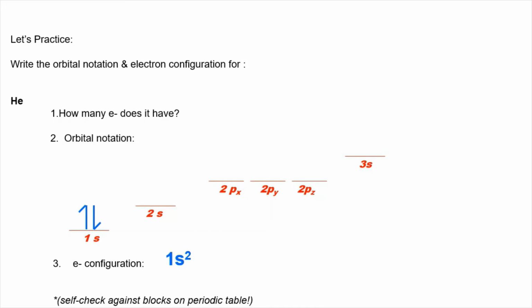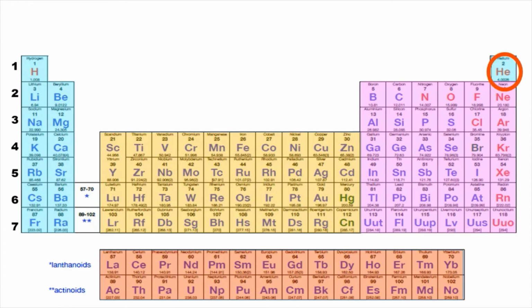There's another way you can check it too, and that is to go back to the periodic table. We want to find the element on the periodic table, and its location should match the ending of our electron configuration that we wrote. So first of all, we're going to take a look at the row that helium is in, and it falls in this first row of the periodic table, and the rows represent the energy levels.